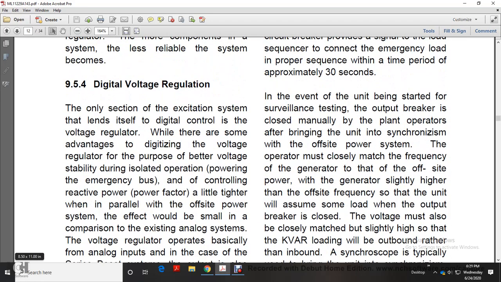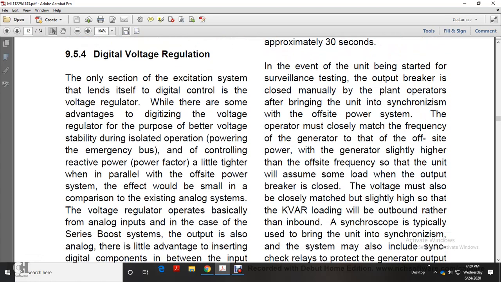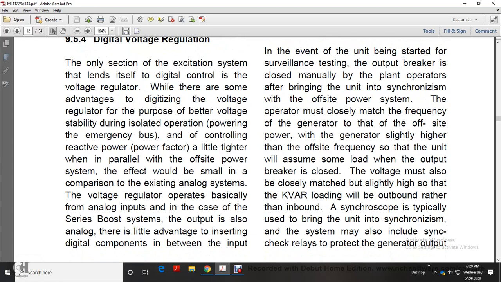954 digital voltage regulation. Only section of the excitation system that lends itself to digital control is the voltage regulator, whereas some of the advantages of the digitizing voltage regulator, the purpose of their voltage stability during isolated powering over the emergency bus, of controlling reactive power for the lighter, tighter, and parallel offset power systems, effect would be small in comparison to existing analog system. Voltage regulator operates basically with the analog inputs.